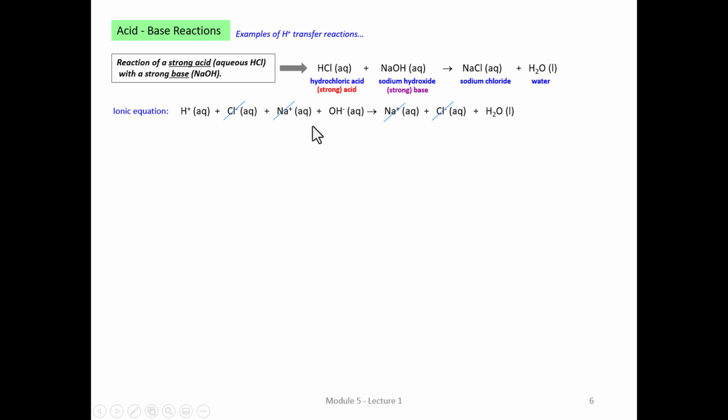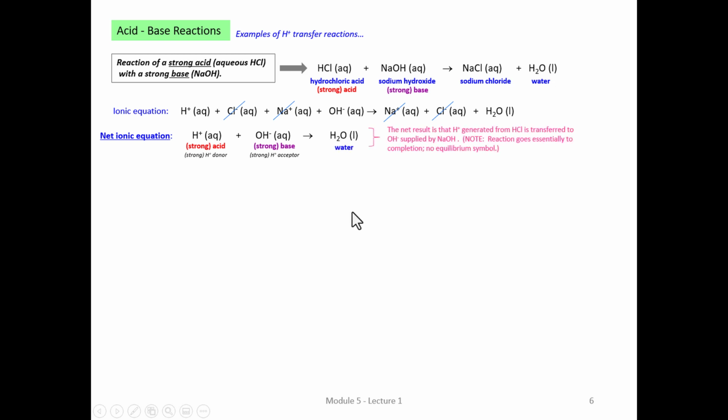If we take what's left, we get the net ionic equation, which gives us the essence of this strong acid, strong base reaction. An H+ ion supplied by HCl reacts with an OH- supplied by sodium hydroxide to form water. So we have our strong acid, strong H+ donor, reacting with our strong base, our strong H+ acceptor, to form water. The reaction goes essentially to 100% completion.